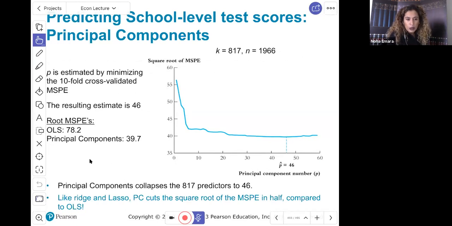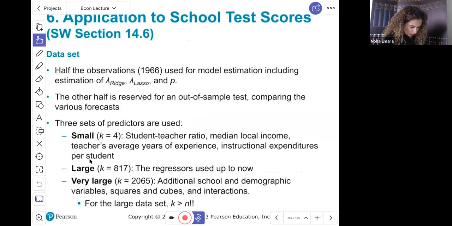And here, what we got is p hat, the linear combination that minimizes this root mean squared error, equal to 46, which corresponds to 39.7 as a principal component. Again, much smaller than the OLS.